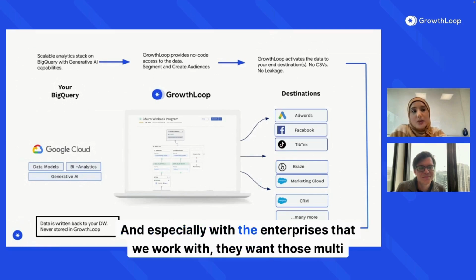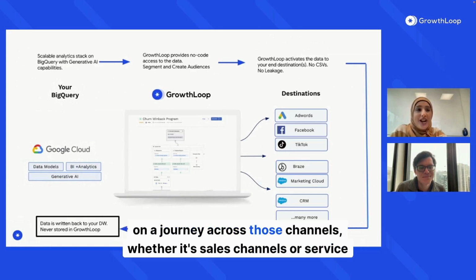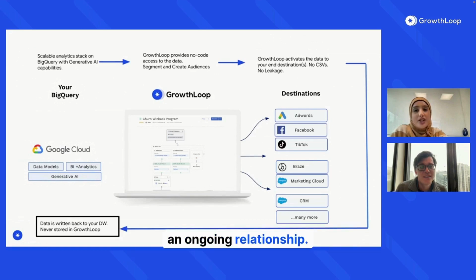And especially with the enterprises that we work with, they want those multi-channel touch points where they can interact with the customer and take them on a journey across those channels, whether it's sales channels or service channels, enabling multiple touch points with a single customer and a story or an ongoing relationship.